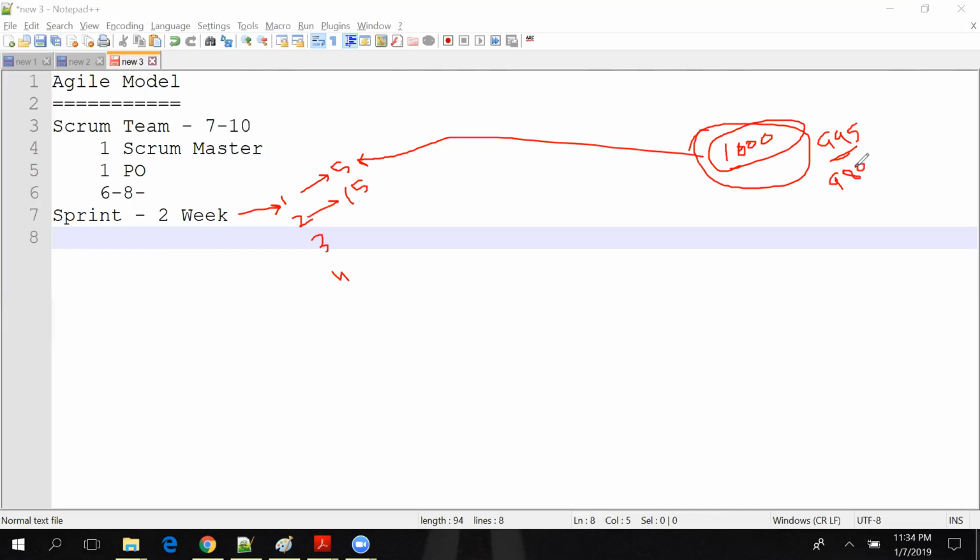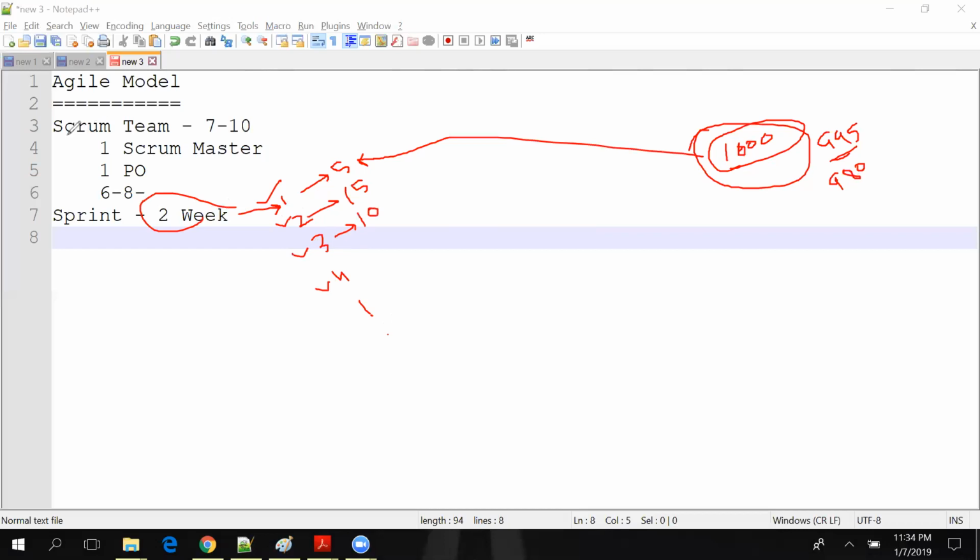Next time, they may say we can do 10 because these requirements are a little more complex. The team will decide what they can do within these 2 weeks. This is the first 2 weeks, this is the second, the third, the fourth, like this it will go. These are all called sprints.